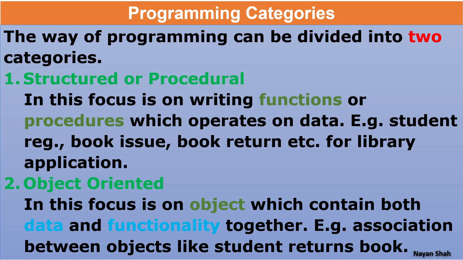In object-oriented programming, the focus is on the object. We create different objects, and then we do programming on those objects. So an object contains data as well as functionality, that is variables and procedures. For example, association between objects like a student and the student returning the book.